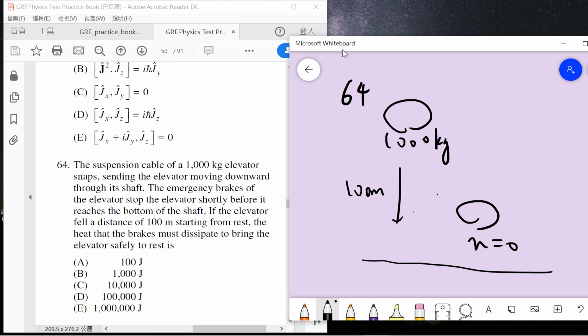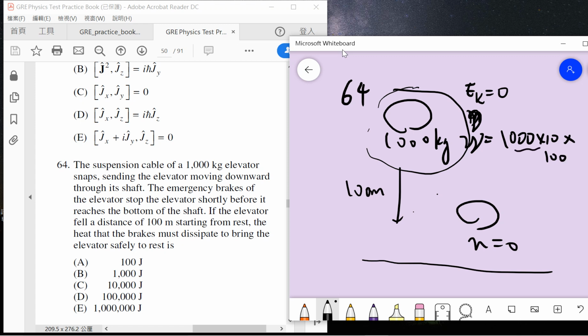So to rest is important. The initial kinetic energy is 0, and the gravitational potential is 100 times 10 times 100. So this is mass times gravitational acceleration times height, and this should be converted into heat.